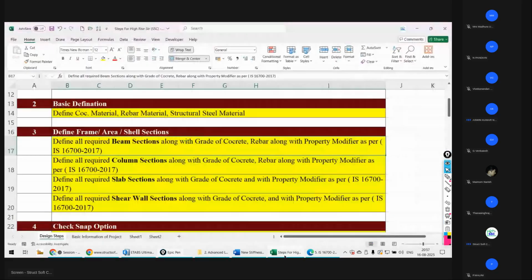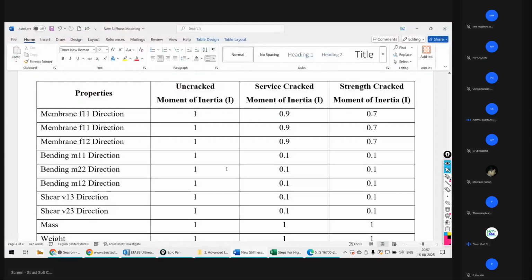That is our intention, and our purpose is not to utilize the shear wall as a flexural member to consider the moment. That's why we are going to release the flexural stresses.